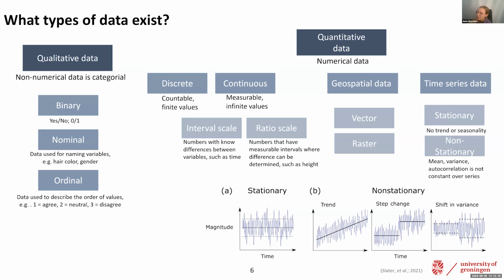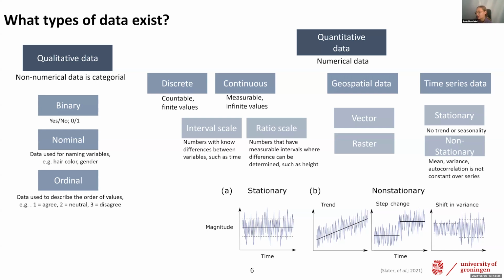And then you have all these indicators that are quantitative, so numerical data. It could be discrete, it could be continuous, it could be geospatial data, it could be time series data. And then for the time series data, it's either stationary or non-stationary.